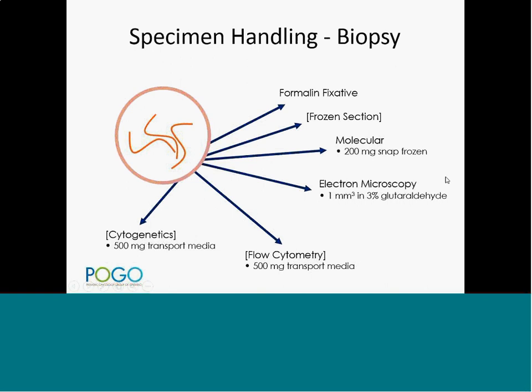I think it's worth remembering it only needs small pieces of tissue. And the other two, flow cytometry, maybe if you're thinking lymphomas high on the list, but that often doesn't occur in these circumstances. And genetics can be quite useful too. The 500 milligrams there, again, is very optimistic. I think we give them 2 cores at most.